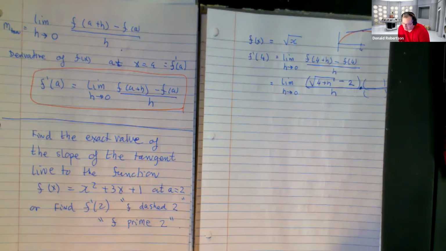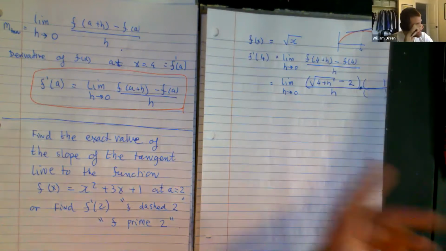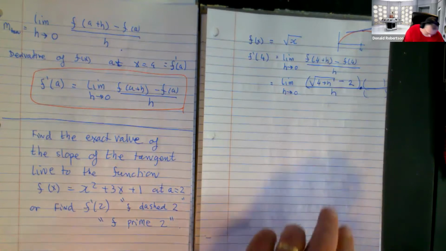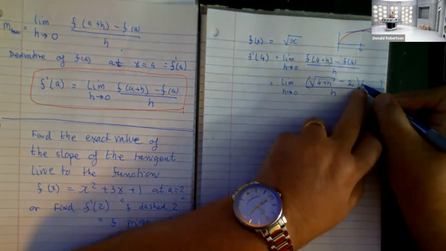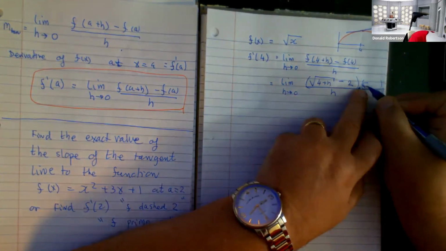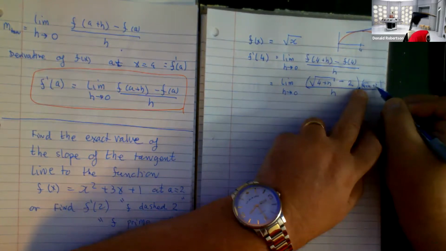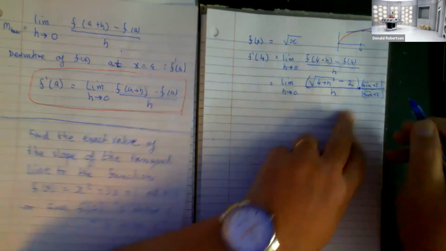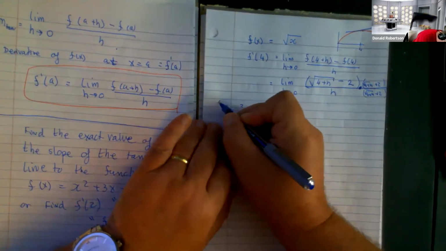Even has its own name. Conjugate. Called a conjugate. Whenever you see a square root, don't you think conjugate? That's what my brain says. Square roots, conjugates, right? End of story. This might be a little bit small, so I'll tell you it says the square root of 4 plus h add 2. That's what that is saying. I'll move it a little bit over here for room.